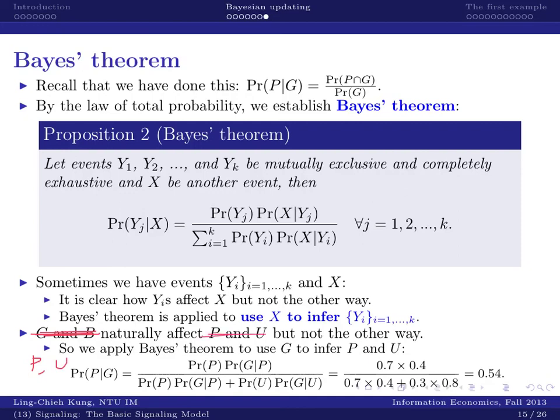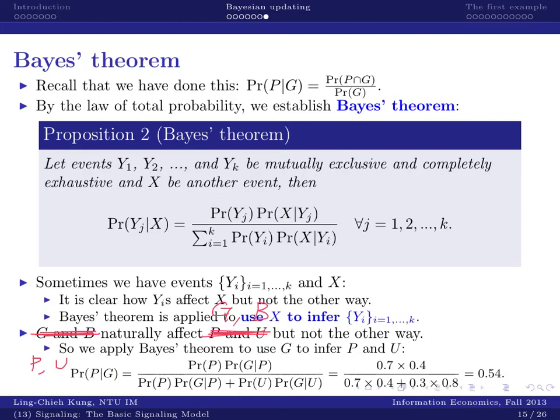They will affect goes away or purchase or buy, but not the other way. So we will apply Bayes' theorem, and use the outcome here to infer the quality according to this calculation, which is exactly what we got when we were using that table.